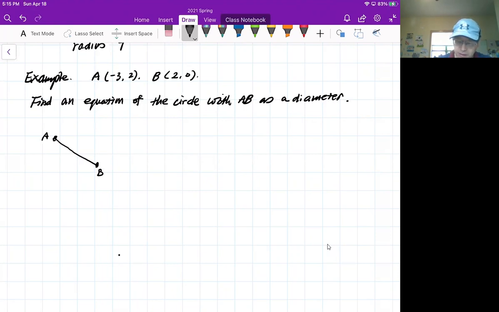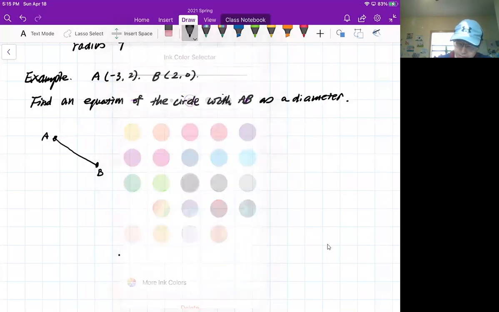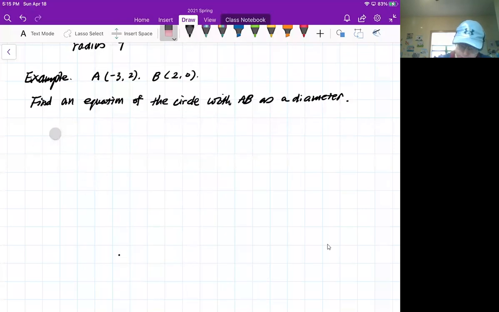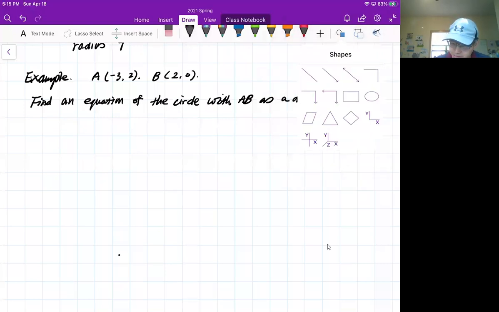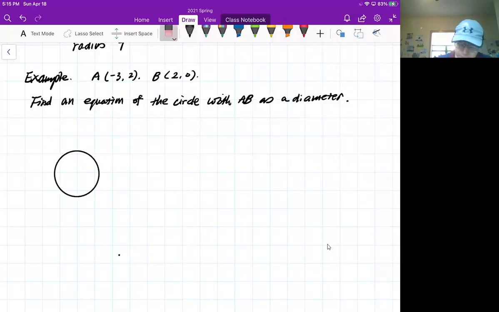Or maybe I can do it backwards, because after I get that, it's hard to draw the picture. Let's go backwards. I can get the circle first, and then I can place A and B. That makes things much easier.